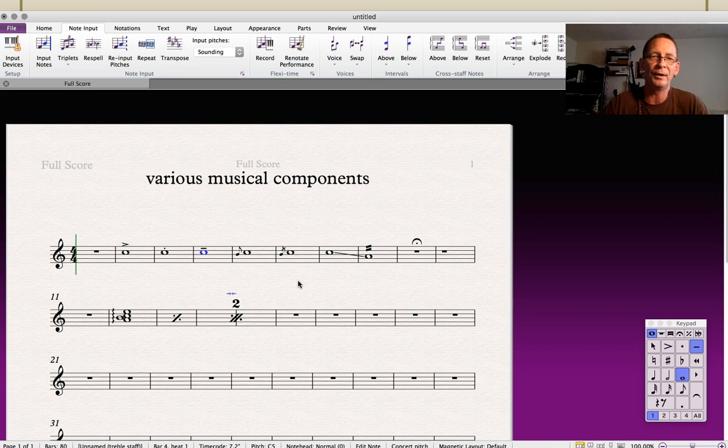So the actual feeling of that may be where it's coming to a rest or something like that. That's the basic concept, but exactly how it might be articulated may be different depending on what you want. If you listen to the work or who's notating it, you may see that a little bit differently.